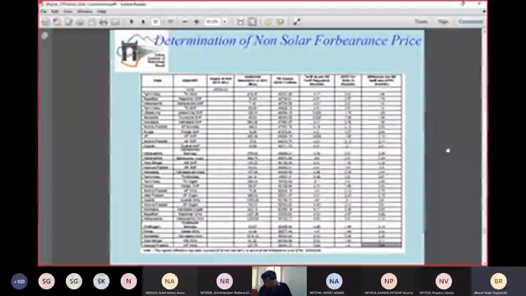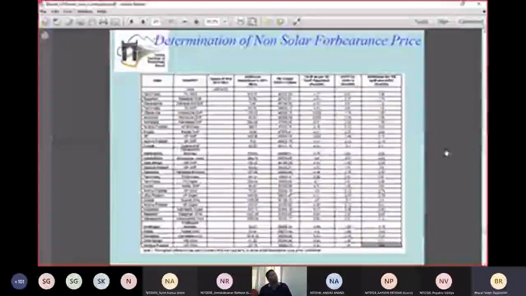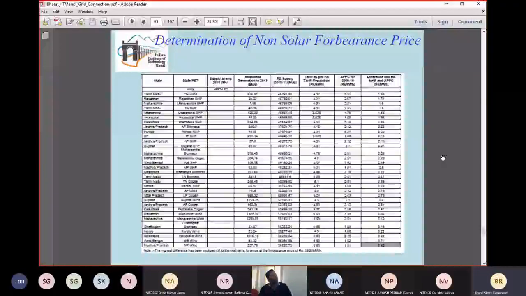But what is going on here? This table is arranged in ascending order, and if you remember, the formula for the forbearance price is the maximum of the preferential tariff minus APPC. That is why the word maximum comes in: the last column is arranged in ascending order and the last entry is considered, so the maximum of these differences is 3.82.